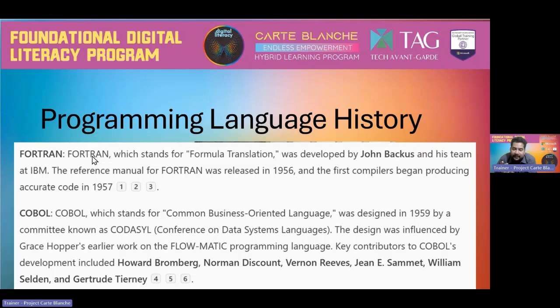Fortran's full form is formula translation, and it was developed by John Backus and his team at IBM. The reference manual for Fortran was released in 1956.